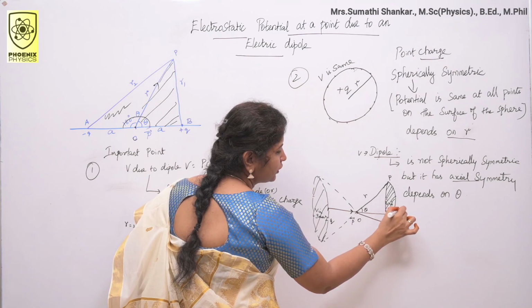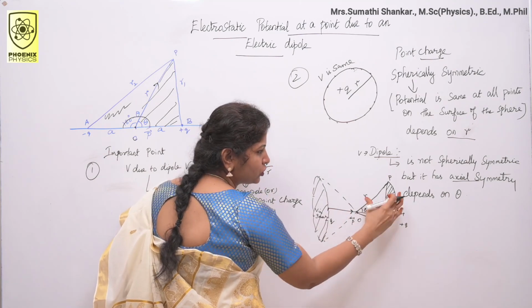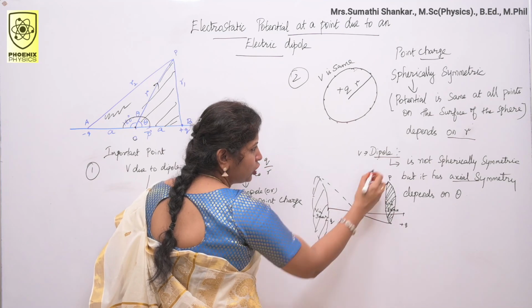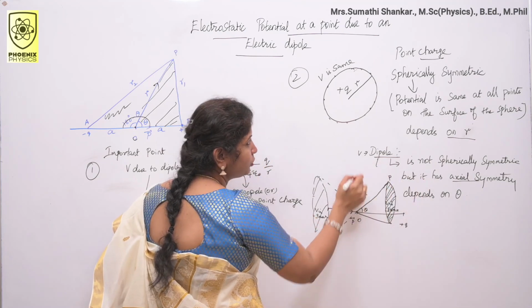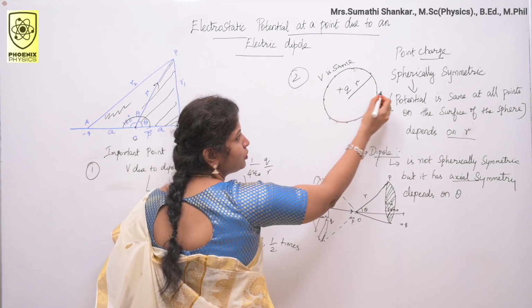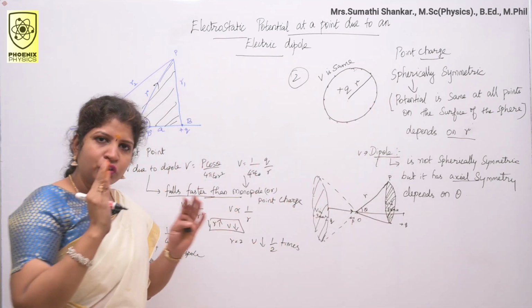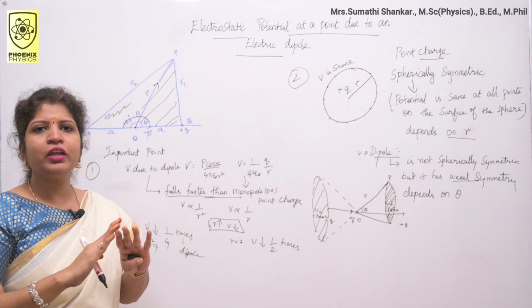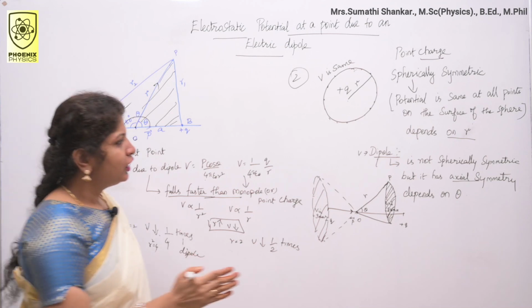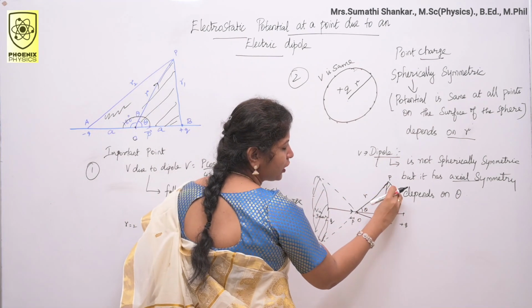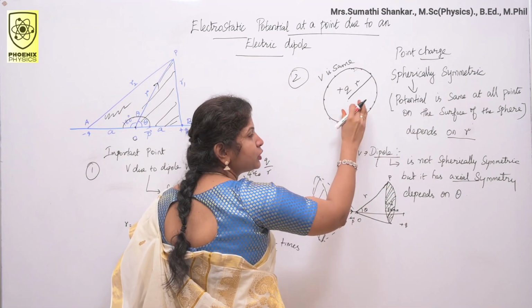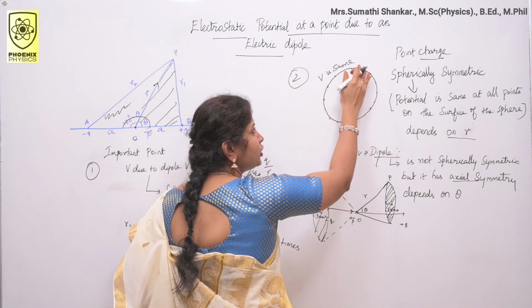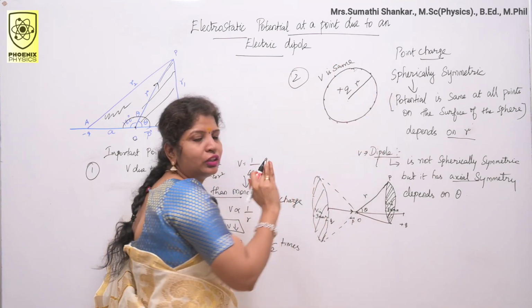This is my axial line. So this is called axial symmetry. So dipole means axial symmetry. Single point charge means spherically symmetric. Symmetric means the potential is the same at all the points. Here for a dipole the potential is the same at this portion. Here spherically symmetric means the potential is the same on the surface of the sphere.